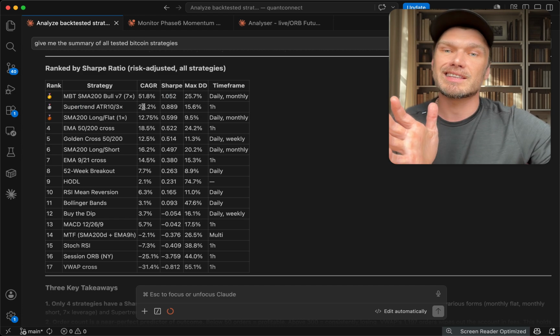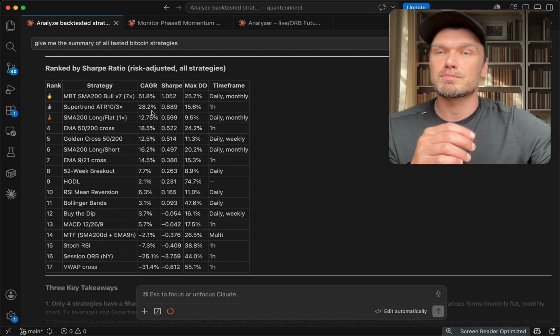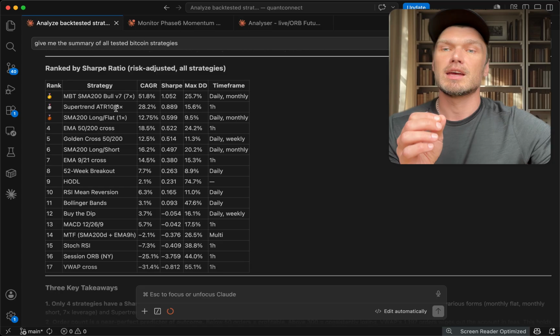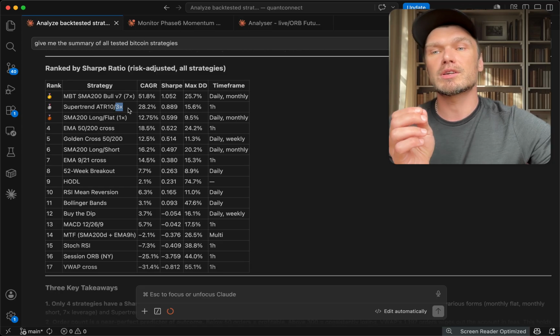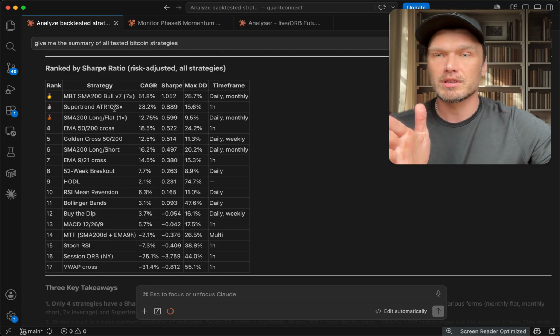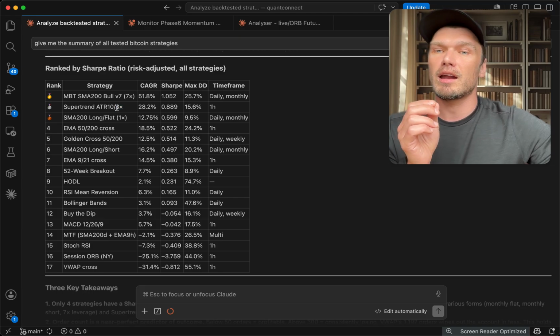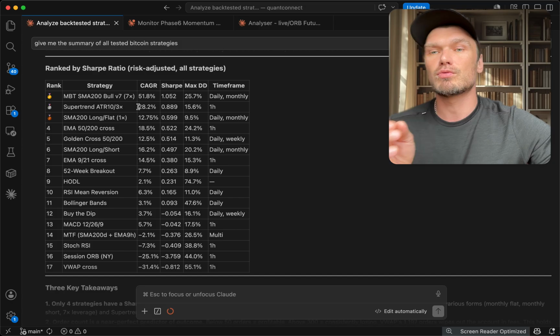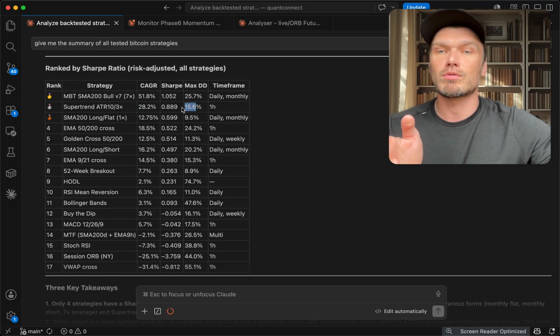Super trend is the second best one because it produces half of the annual compound return rates. However, we're risking less. We use 3 times less leverage, 2 times less leverage, sorry, which resulted in two times less returns. However, the drawdown is lower as well.